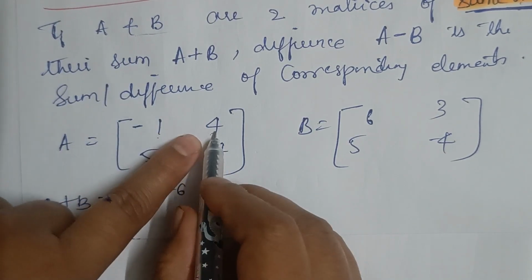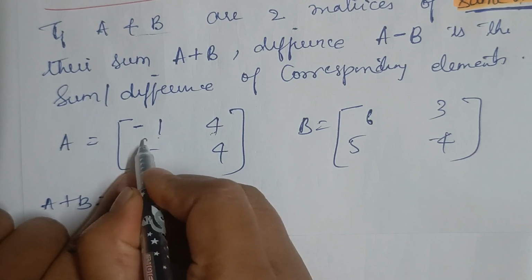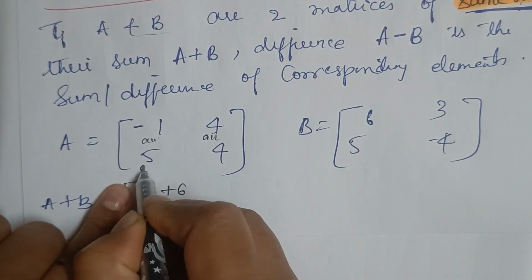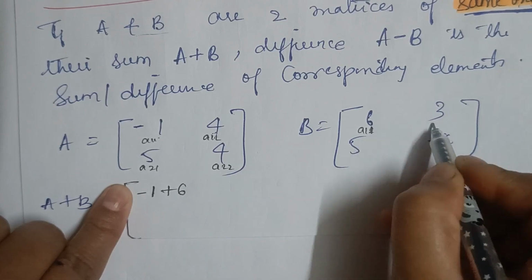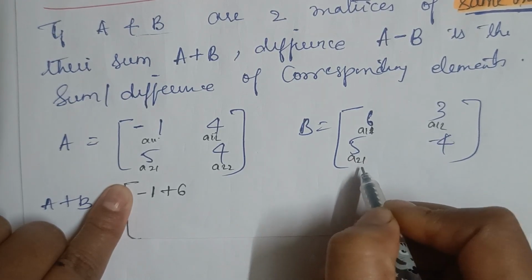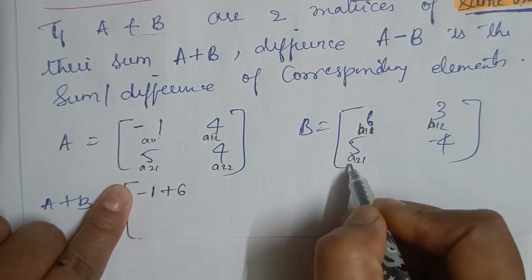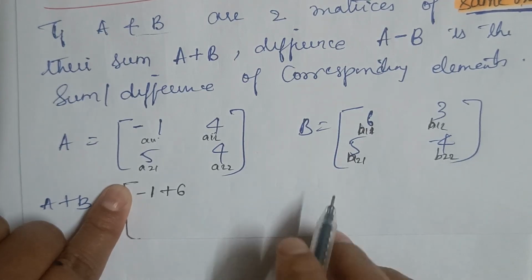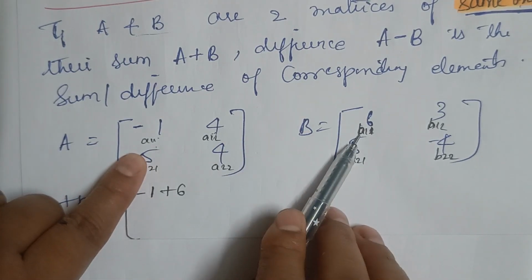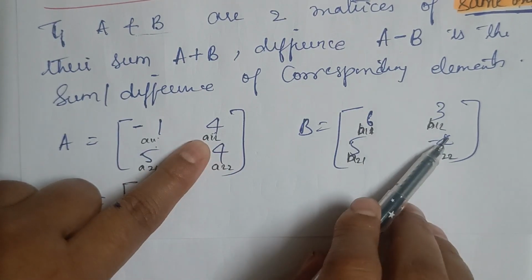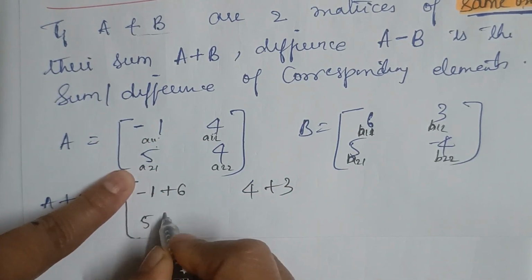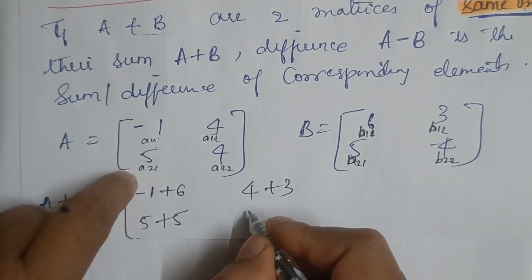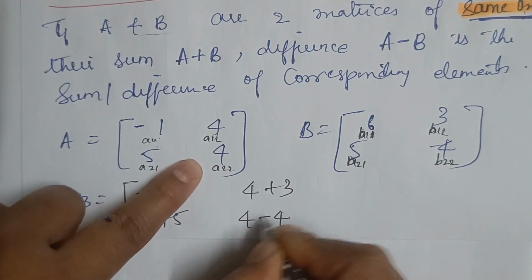The corresponding elements: this is going to be a11, a12, a21, a22, and similarly b11, b12, b21, b22. So adding a11 and b11, adding a12 and b12. So 4 plus 3, here 5 plus 5, and here 4 plus of minus 4.